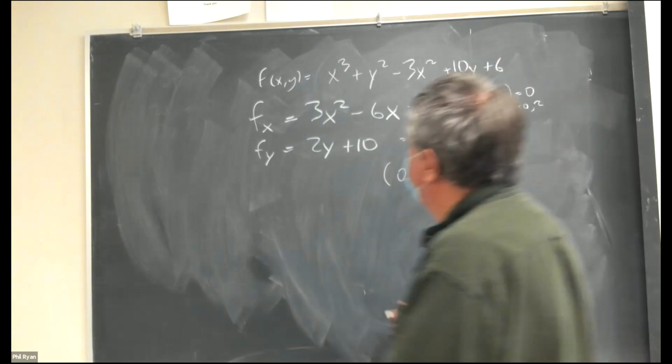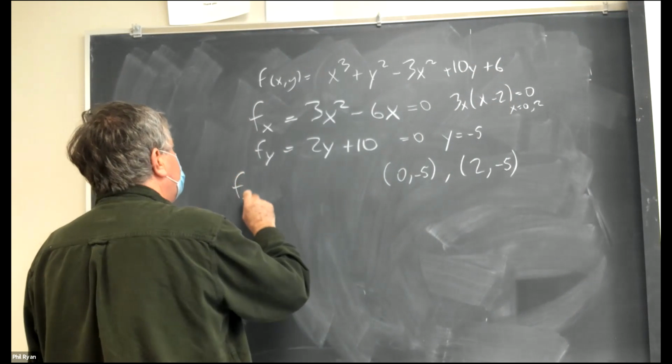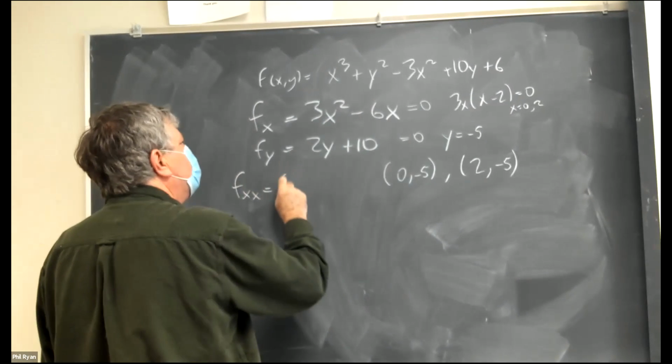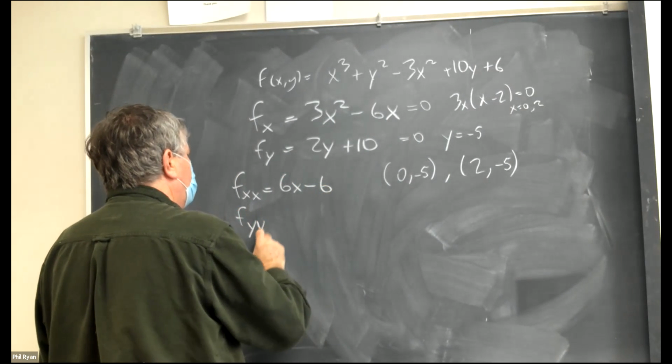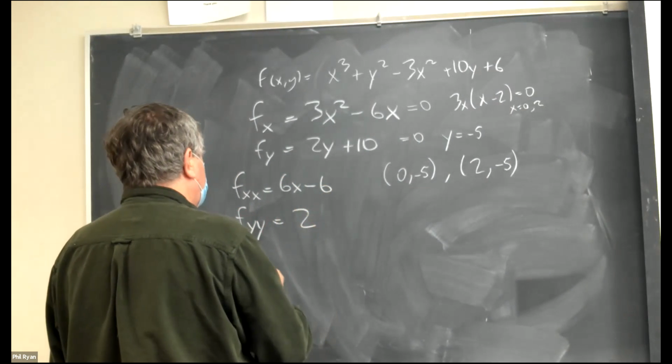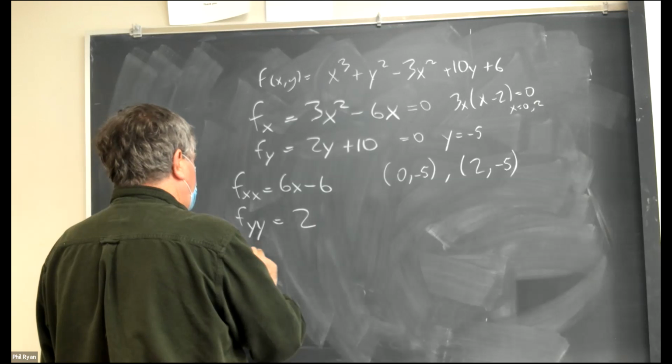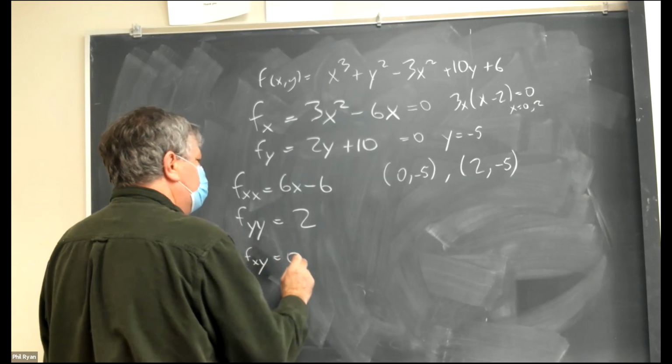To investigate further, we take more derivatives. So fxx is 6x minus 6. fyy is 2. fxy is 0.